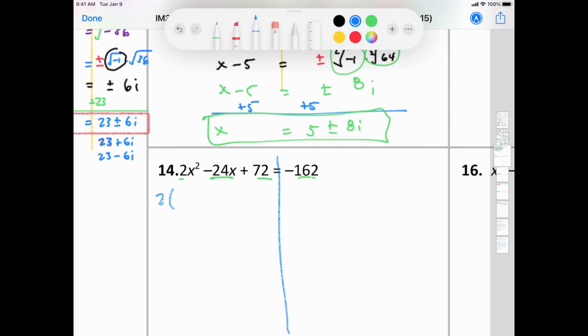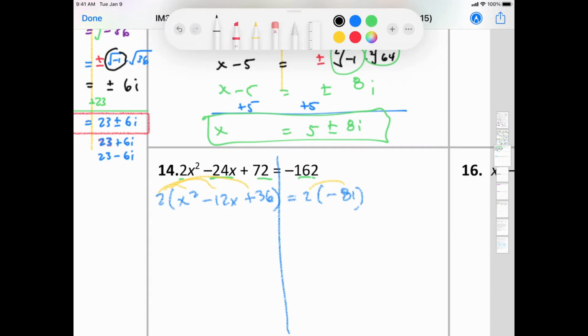So 2 times x squared minus 12x plus 36. And remember, you can always check your answer by just distributing, and you get the answer above. Does that make sense? That's really what factoring is. It's kind of like the opposite of distributing or multiplying.